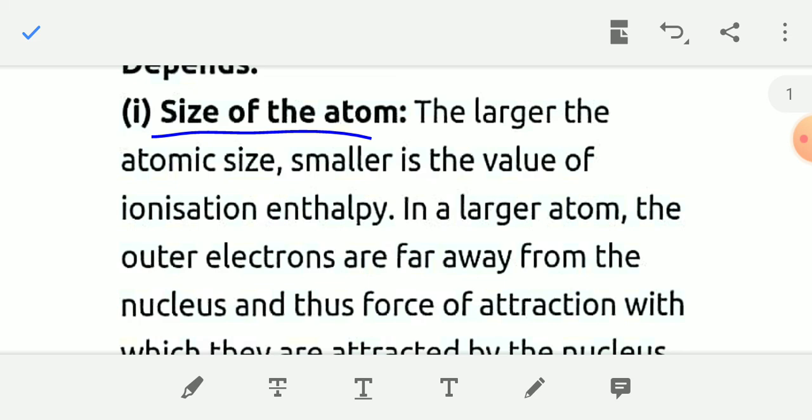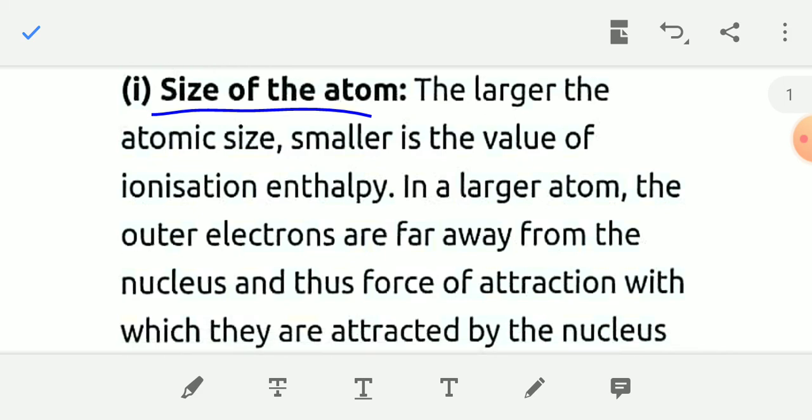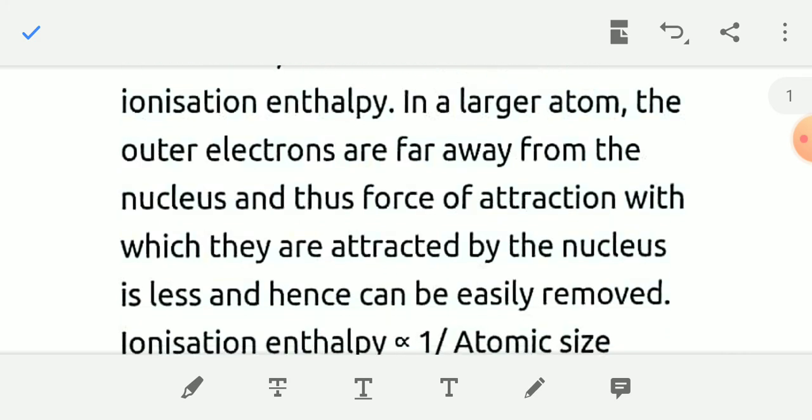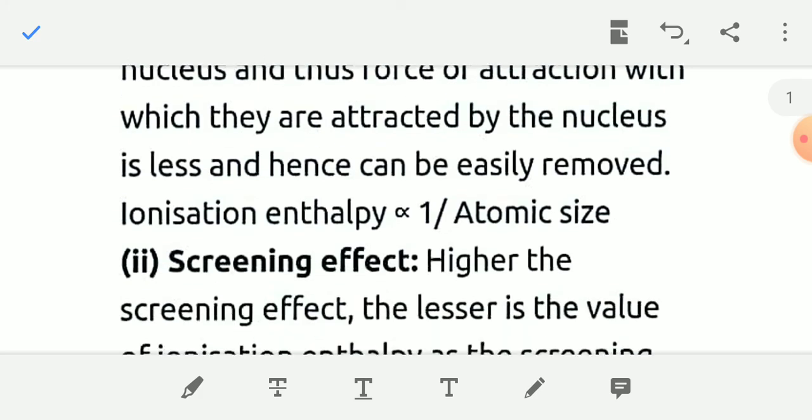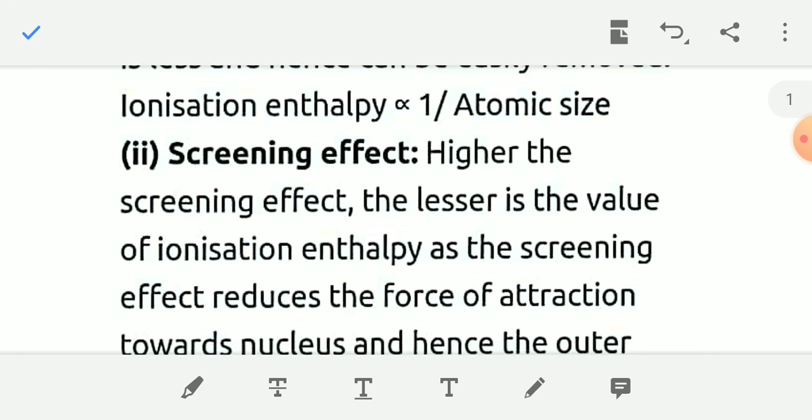In a larger atom, the outer electrons are far away from the nucleus, and thus the force of attraction with which they are attracted by the nucleus is less and hence they can be easily removed. So ionization energy is inversely proportional to atomic size.